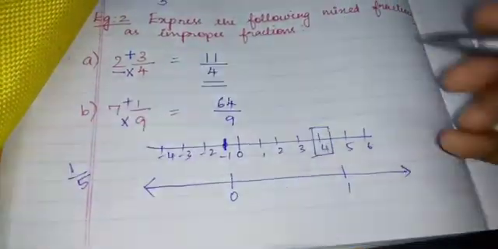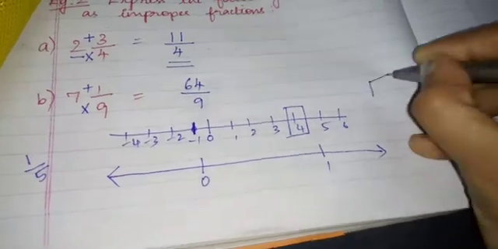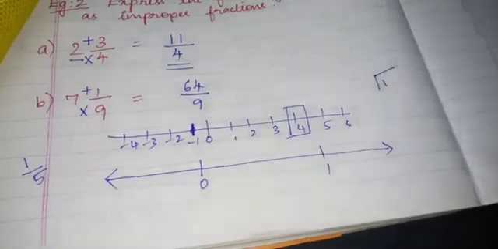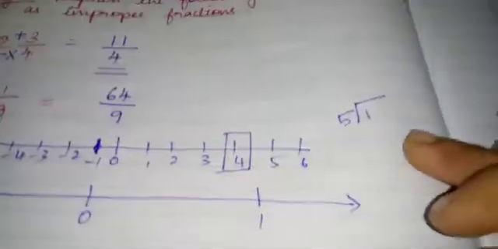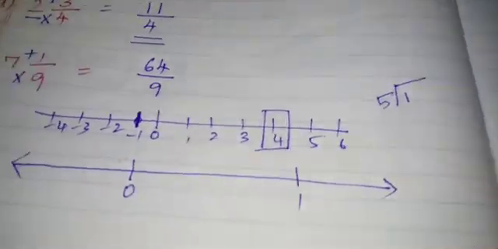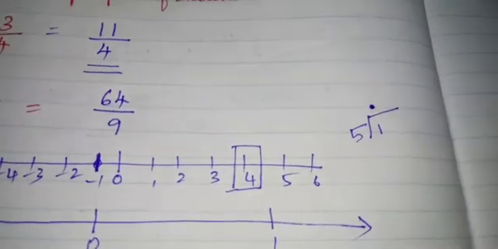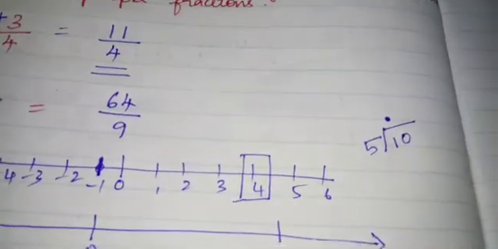Listen, we can divide this 1 by 5, right? 1 will come inside, 5 will go outside. Can we divide 1 by 5? No. So you can put a decimal point, and a 0 will get inserted.